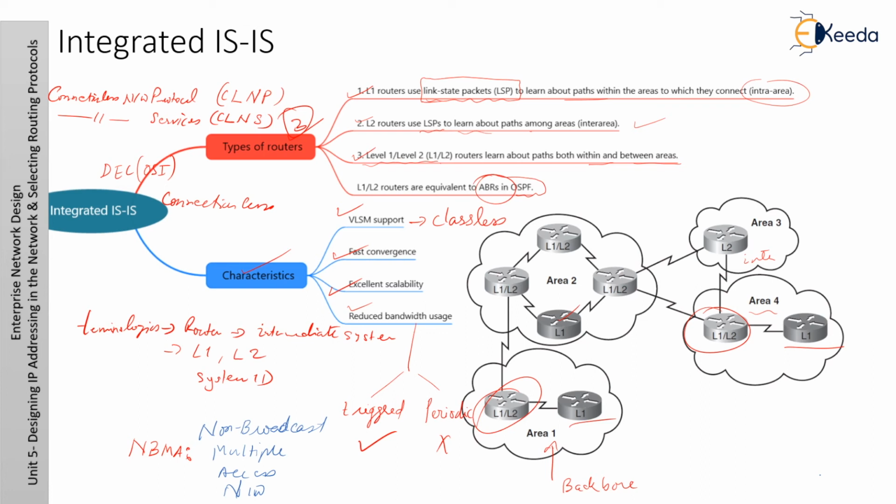One disadvantage of ISIS is its close association with the OSI world. Because few network administrators have adequate knowledge of OSI addressing and operation, implementation of integrated ISIS might be difficult.